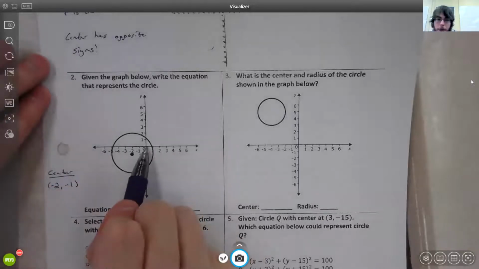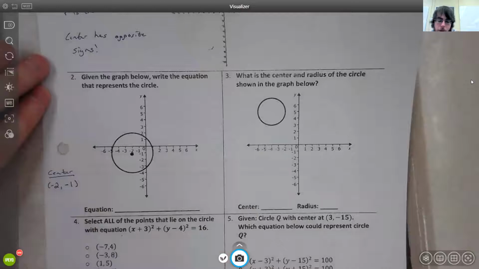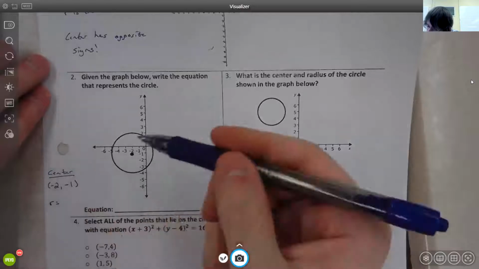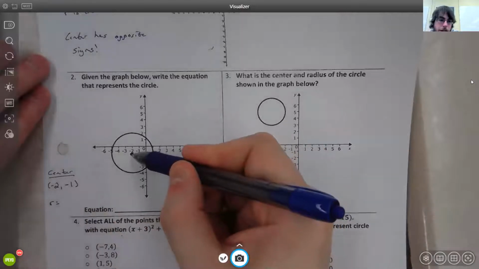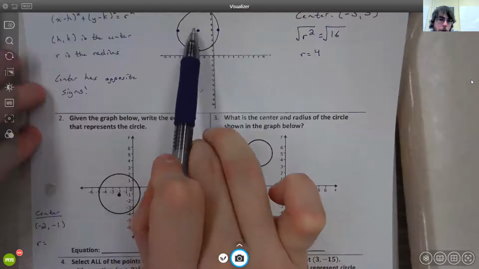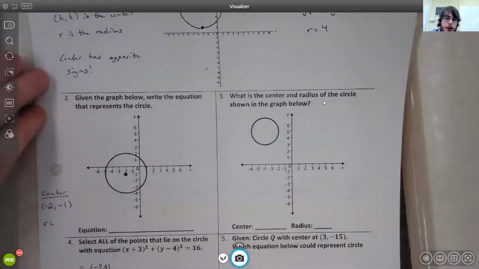Okay. Make sure, remember, go left and right first and then up or down. Okay. So we have our center. Now we need to determine our radius. Remember that your radius always starts from the center and goes to the edge. So just like we did here in number 1, we counted up, down, left, right, how many ever spaces. We're going to do the same thing here.